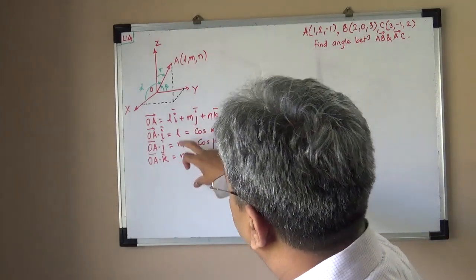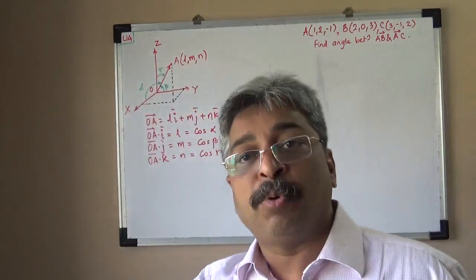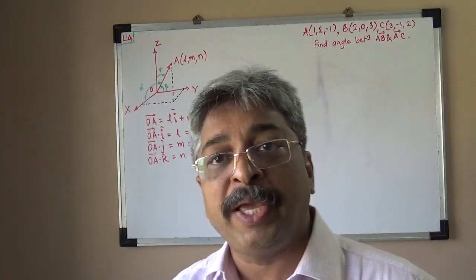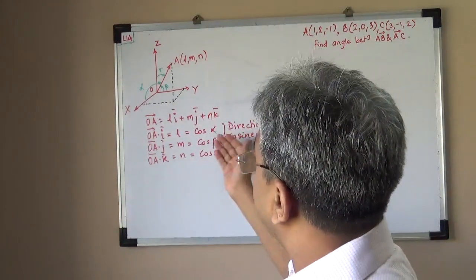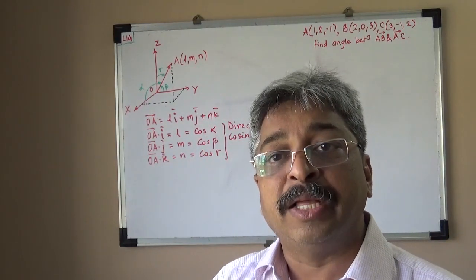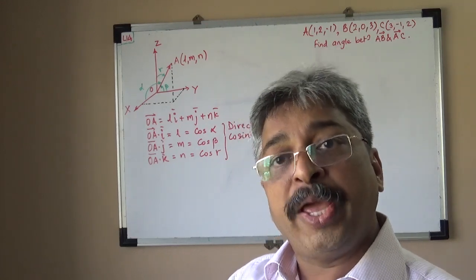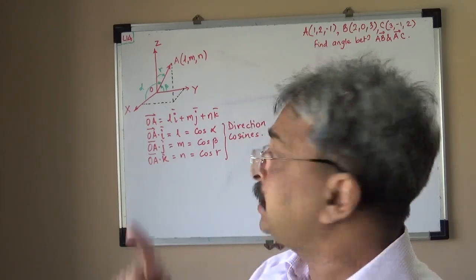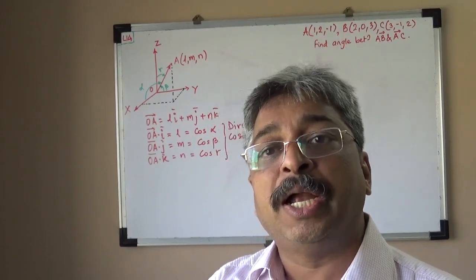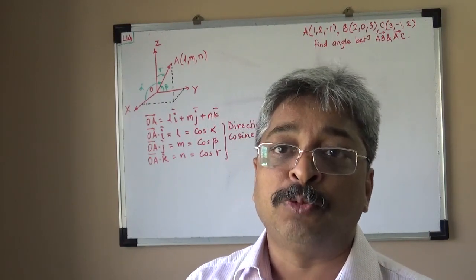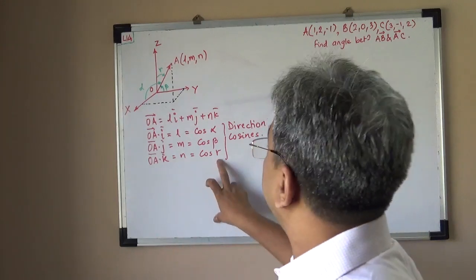Now these coordinates of any point in three-dimensional space, if OA is a unit vector, are directly the cosines of the angles. What are those angles? The angle OA is making with the positive x-axis is alpha, with the positive y-axis is beta, and with the positive z-axis is gamma.